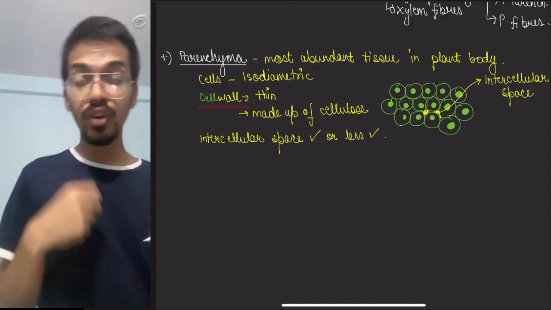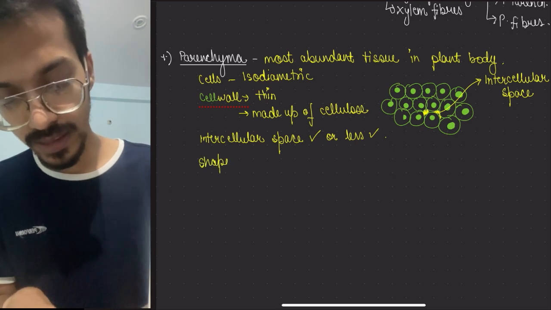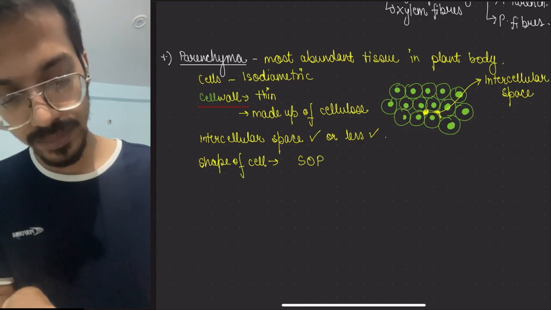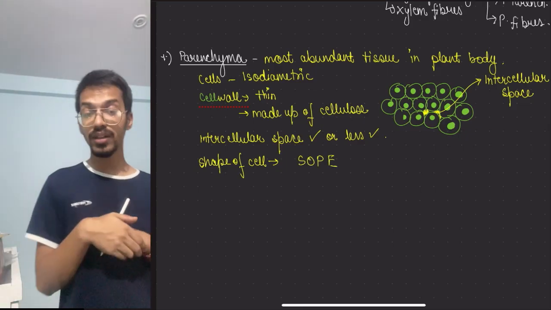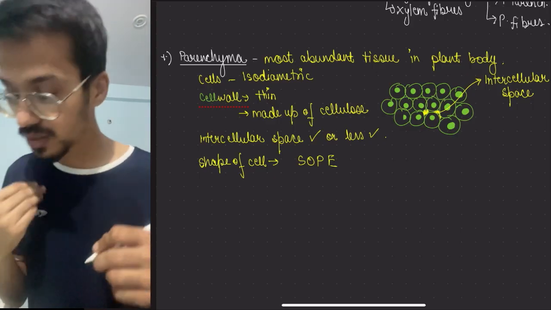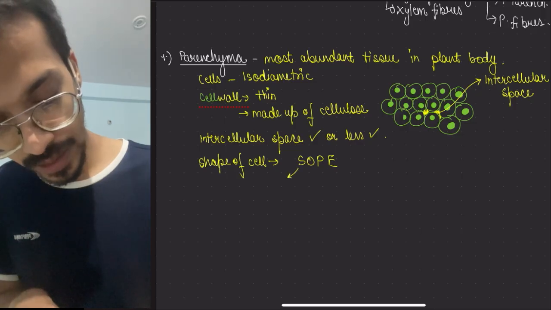Okay, moving on to the shape of the cells. For that you have to remember SOPE. I call it soap. S is for spherical, which I just made.